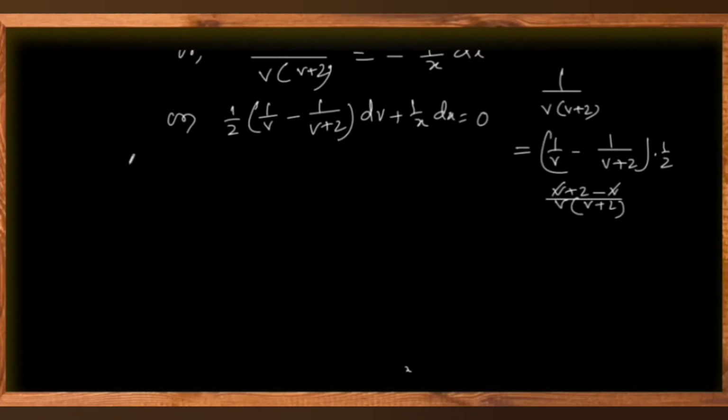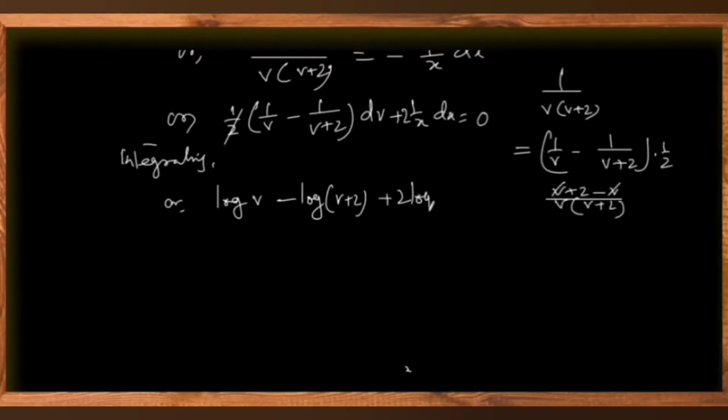Integrating, we can multiply this half here, so we will get log v from the first term, because the integral of 1 upon v is log v, minus log (v plus 2), plus 2 times log x equals, let's say, log c, where log c is an integrating constant.